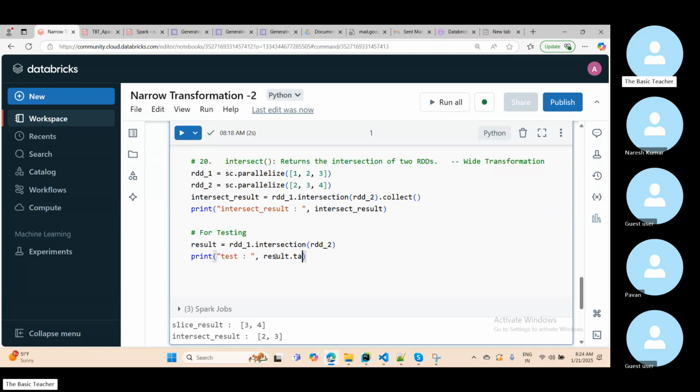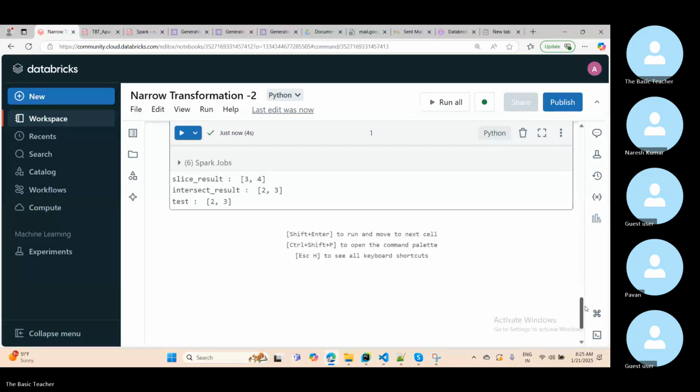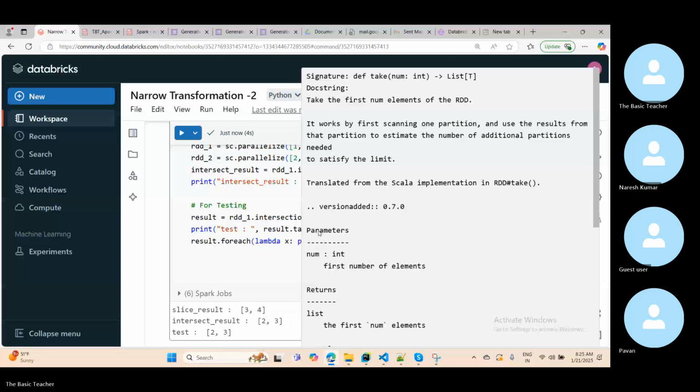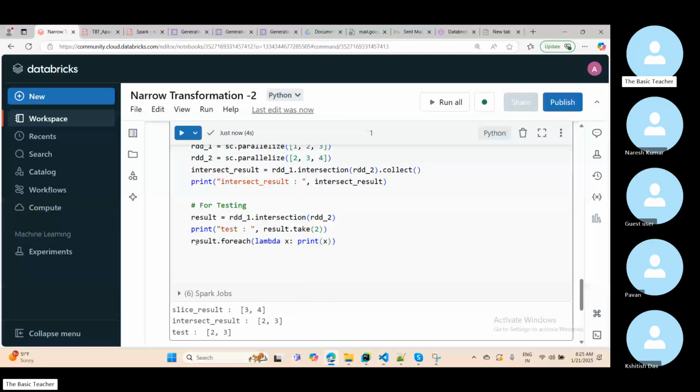With foreach, if this is not working directly, then you can do it with the loop. Anyways, in a local system, this should work.